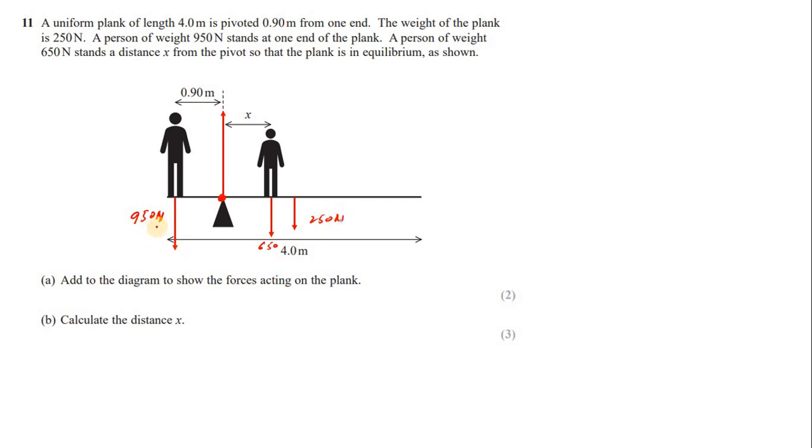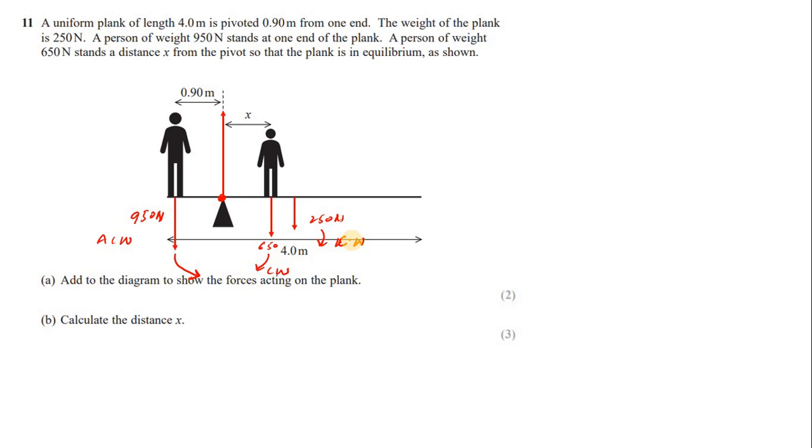So 950 Newton is trying to produce moment in the anti-clockwise direction. Then 650 Newton is trying to produce moment which should be clockwise, and 250 also produces clockwise moment. So we have 2 clockwise moments and 1 anti-clockwise moment.